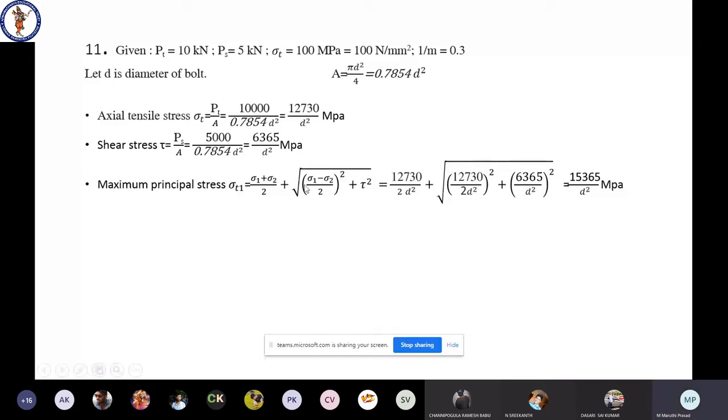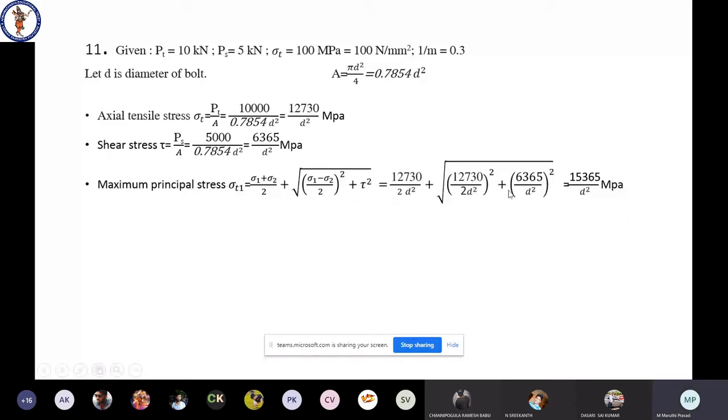Already sigma 2 is available for us, plus sigma 1 minus sigma 2. Sigma 2 becomes 0. So sigma 1 is 12,730 by d square, and 2 remains there, whole square plus tau. Tau is 6,365 by d square, whole square.